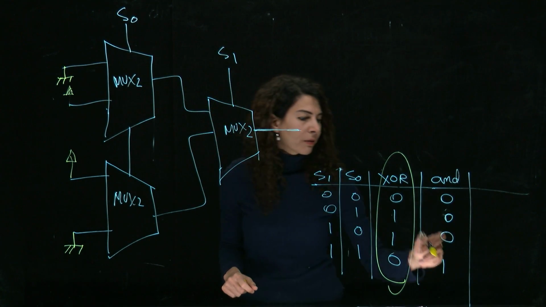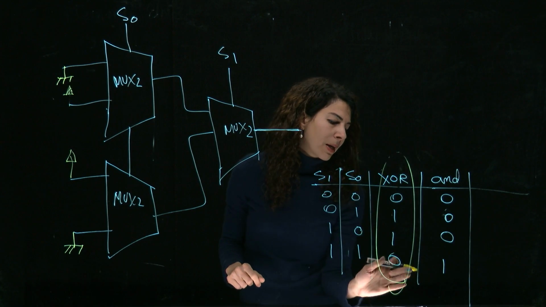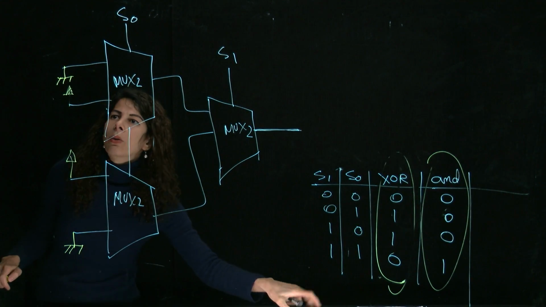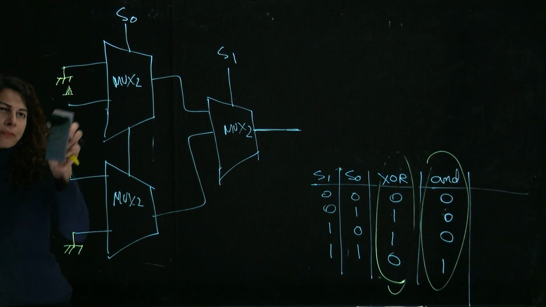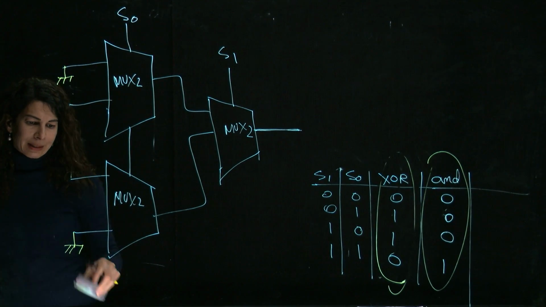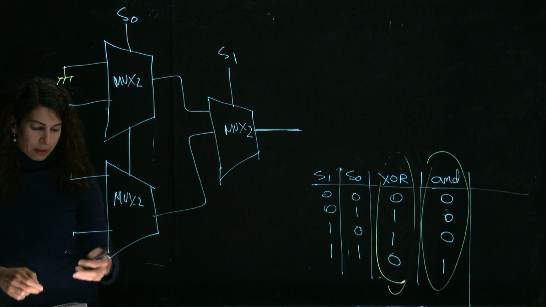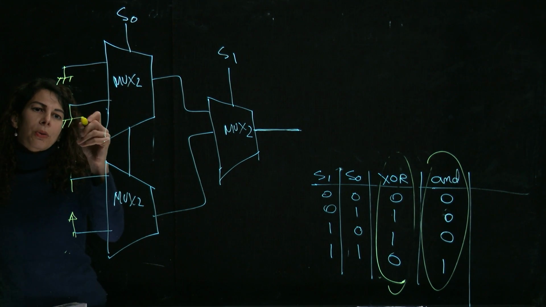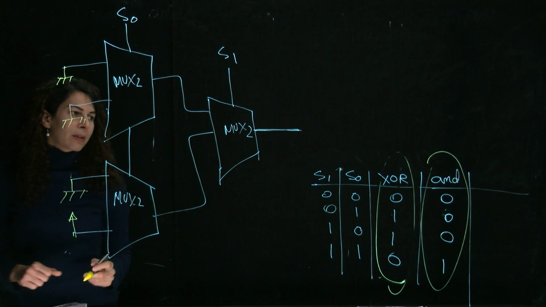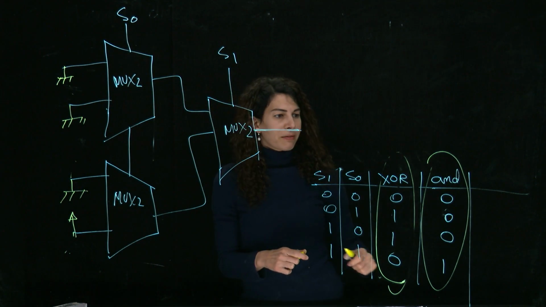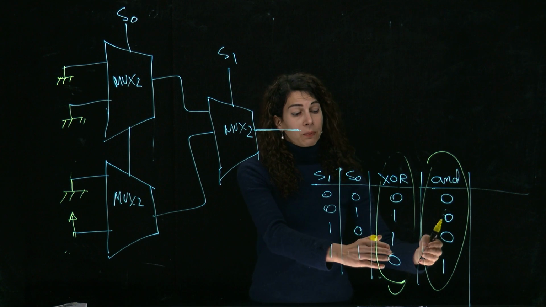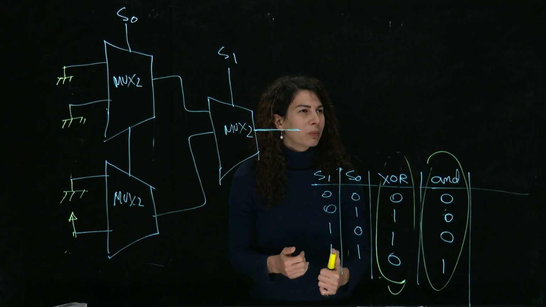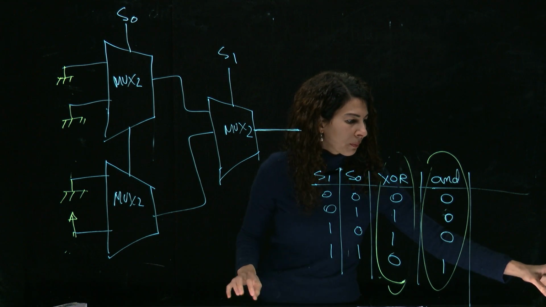As another example, if I'm going to define a different function, I could just go ahead and make a different assignment for the values here. Basically, this will be the 1, and then these will be the 0. So here we see that, using this multiplexer array, we have been able to implement different types of logic using a lookup table, but it's a different type of lookup table than what we had with the PLAs earlier.